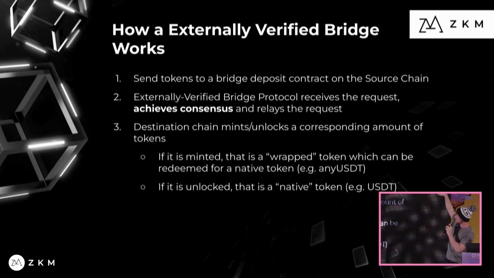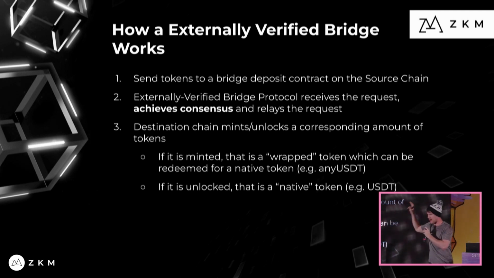So I send tokens to a bridge deposit contract on a source chain. This can be Ethereum, this can be Avalanche, this can be an L2. Essentially, we receive that request, and then we achieve a set of consensus. Like, we agree that this transfer did happen. As a result of this agreement, we then mint or unlock tokens on the destination chain.